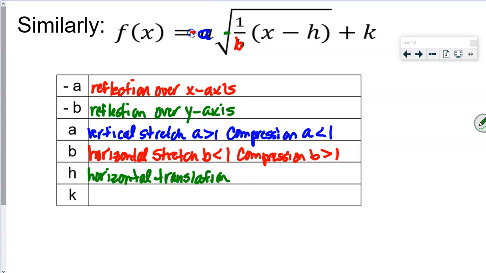When it's positive, then it's going to move left. And when it's negative, it's going to move right. And again, that's because there is a minus right there, okay? And then with k, these are going to be vertical translations.